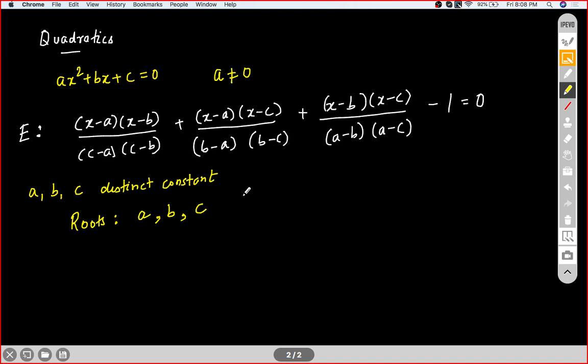My question is, how come that this quadratic has 3 roots? Any idea?